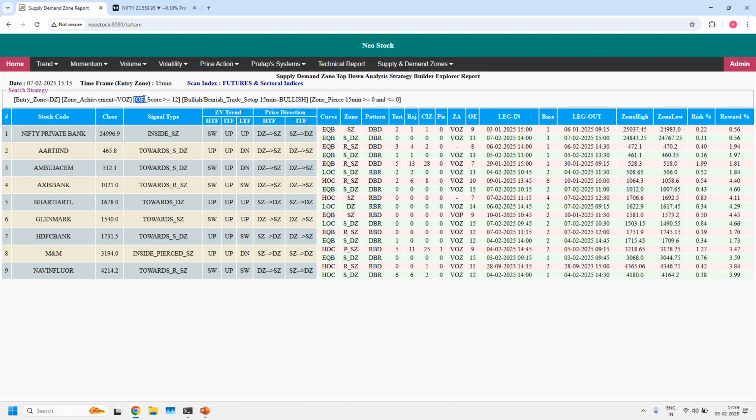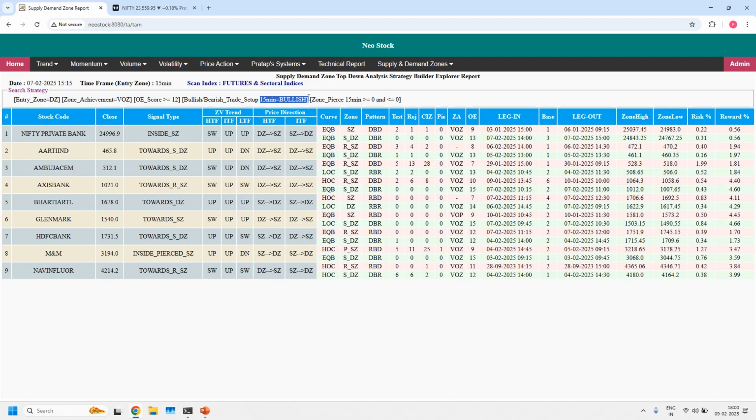What is the next filter? OE scores should be greater than or equal to 12, and this filter should be applied to this 15 minutes demand zone. And what did we select? Our bullish and bearish trade setup should be generated on the 15 minutes entry time frame with bullish trade setup. That means our 15 minutes entry zone is a daily income trade.